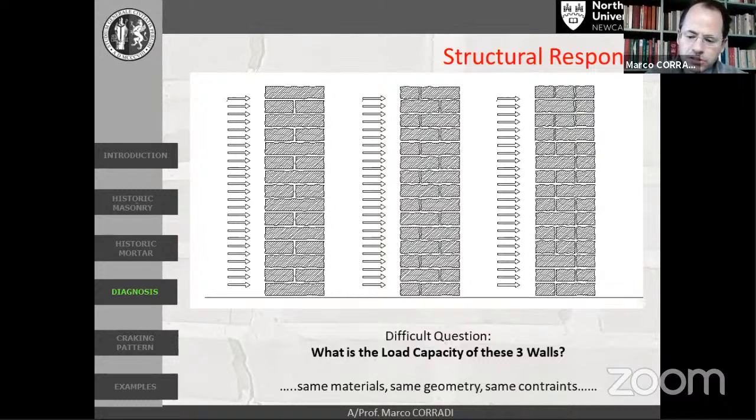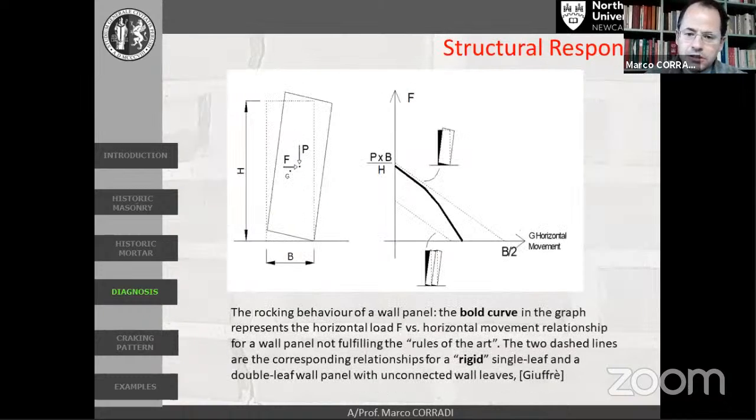Okay, so Professor Giuffrè, who made a lot of tests about 20 years ago, discovered that the capacity of the wall is in between the two limit situations here, the situation of a solid single leaf wall, and the other limit is a double leaf wall.